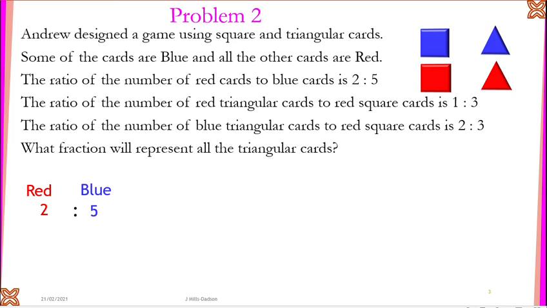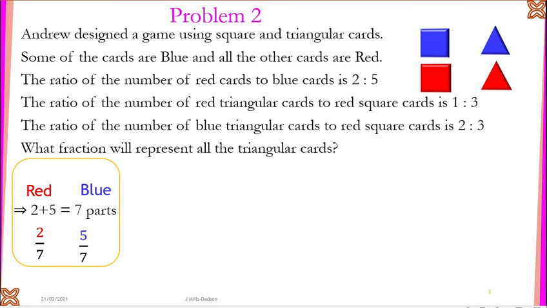Now let's convert all the ratios into proportions, that is into fractions. Red cards are 2 parts and blue is 5 parts, so the total is 7 parts. Convert them into proportions, so that will be 2/7 for the red and 5/7 for the blue. So that's the red and blue, irrespective of whether triangular or square.